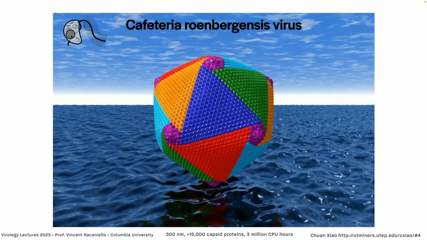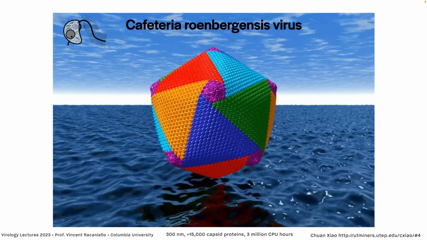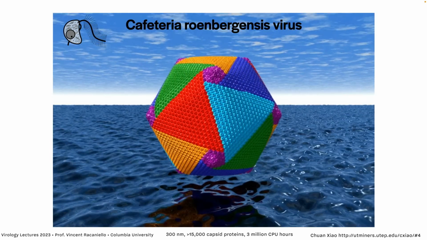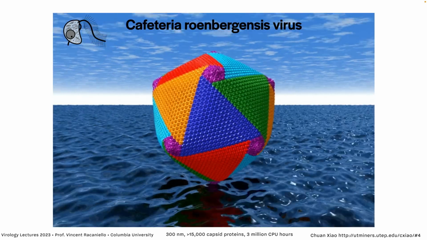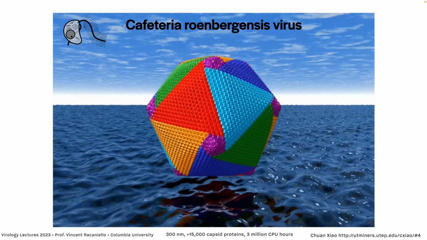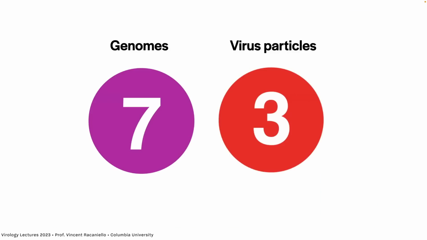So he's got this thing rolling on the ocean. To do this animation took him 3 million CPU hours. He said in the beginning it kept crashing his computer. So you can solve very, very large structures. This is a virus, of course, made up of a pure protein shell. There's no membrane on it.